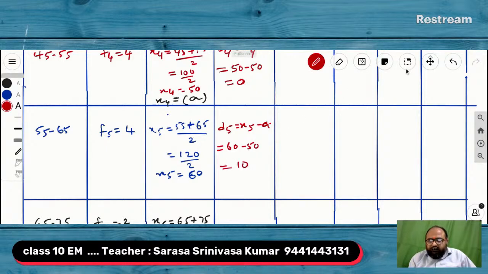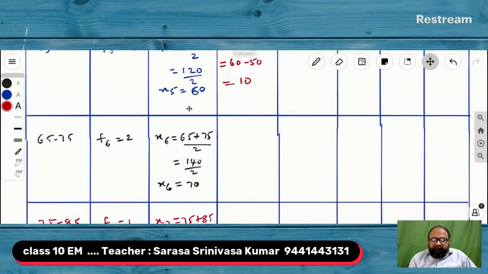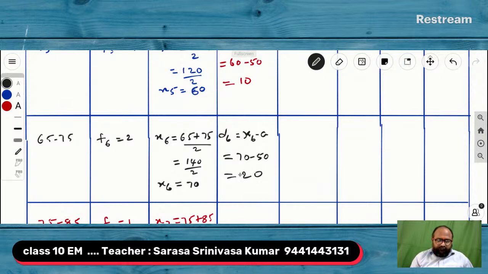We have calculated d5. Now we calculate d6. d6 equals x6 minus A. x6 is 70. So 70 minus 50 equals 20.